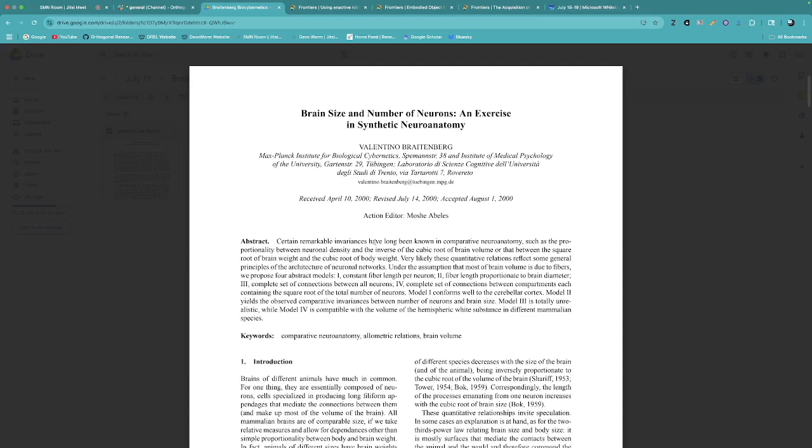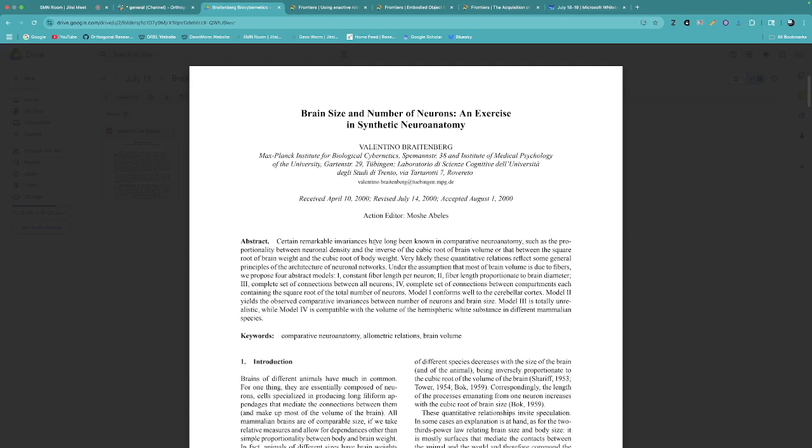These are just assuming different things about the brain volume and what's inside there. So we kind of think that most of the brain volume is due to fibers and connections packed in there. We can also assume maybe a constant fiber length. So if we assume a constant fiber length, and we assume that most of the volume is due to fibers, we can then calculate the number of neurons. We can also assume the fiber length is proportionate to brain diameter.